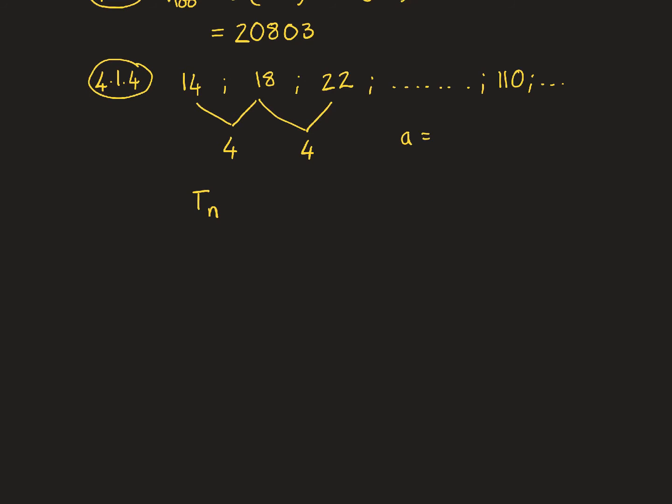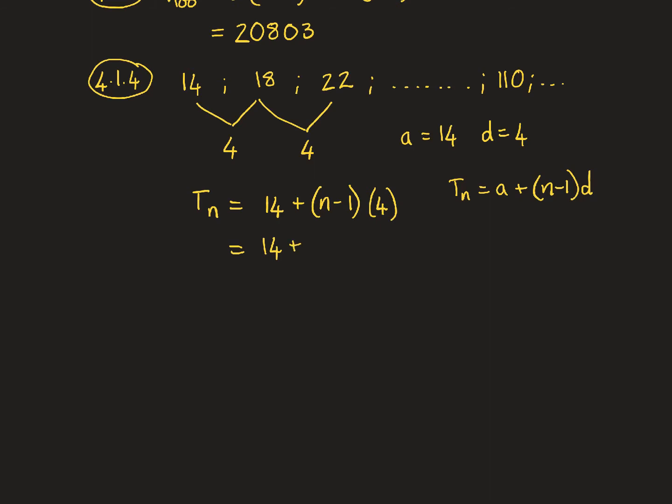Our a value is our first term, and our d value is the difference, which is 4. So a is going to be 14, plus n minus 1 times d, which is 4. Remember, this comes from the linear number pattern formula, or arithmetic sequence at least. Let's simplify: 14 plus 4n minus 4 will give us 4n plus 10.